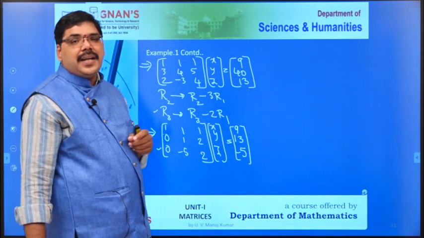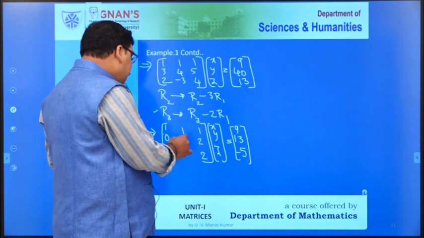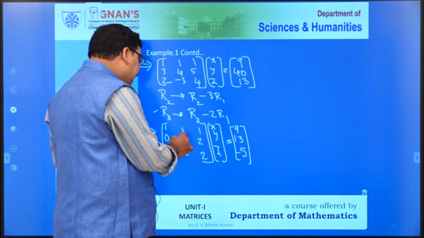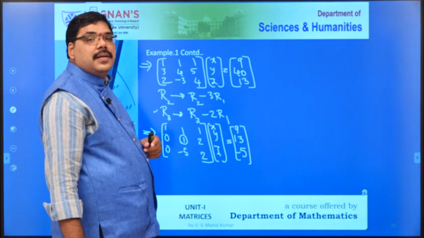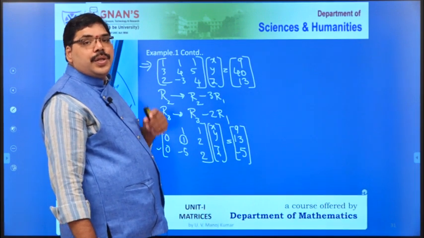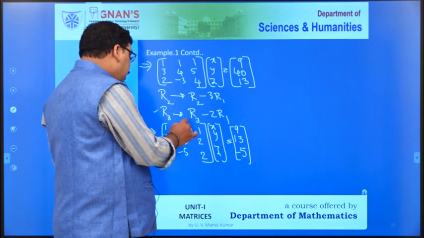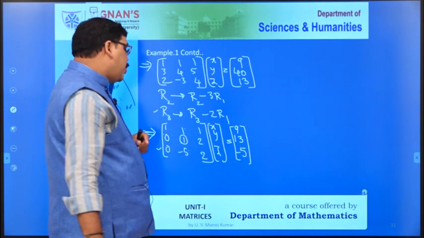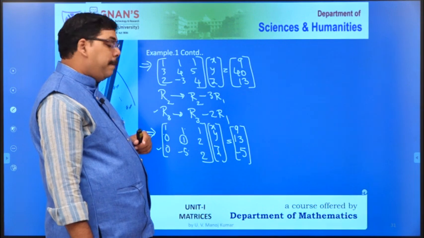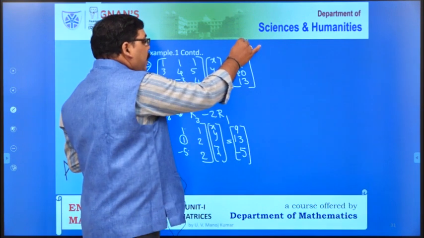What is the second diagonal element in this matrix? The second diagonal element is this. It is in R2. So use R2, reduce this position and this position into zeros. So what row operations are to be applied?